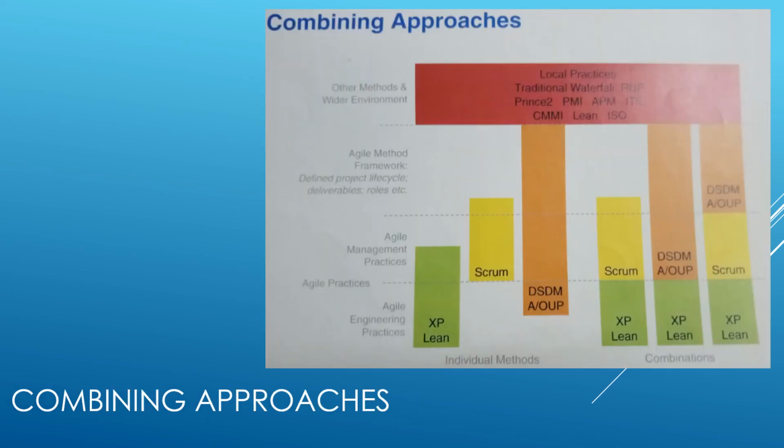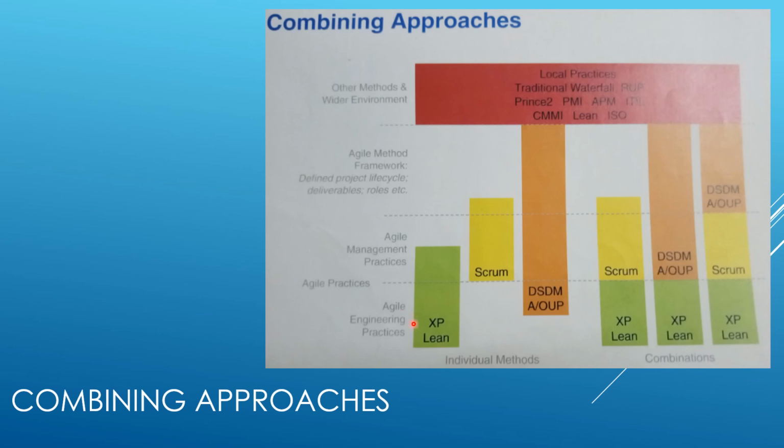Can you combine approaches? The answer is yes, you can go for a hybrid approach. One of the top trends in the agile world today is adopting hybrid approaches and value stream management. These are the two things getting widely popular today.